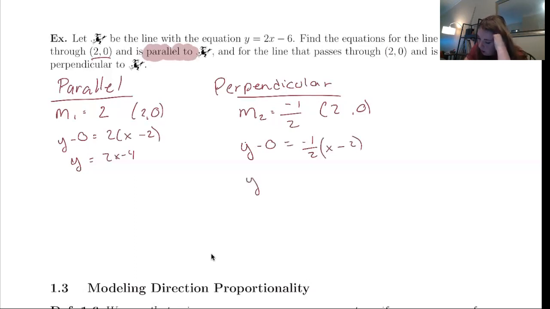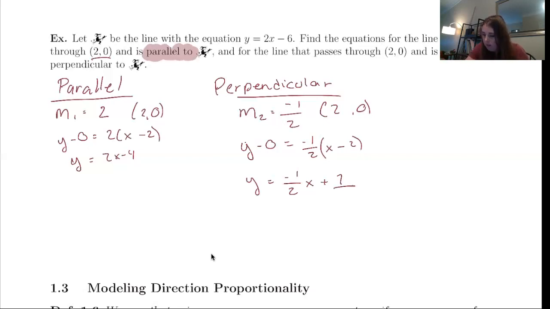So I get y equals negative 1/2 x plus, I want to ask you guys what you think 1/2 times 2 is, because a lot of you were telling me on your exam it was 0, and it is not 0. It's 1. I meant to harp on that at the beginning of class. All right, so plus 1.